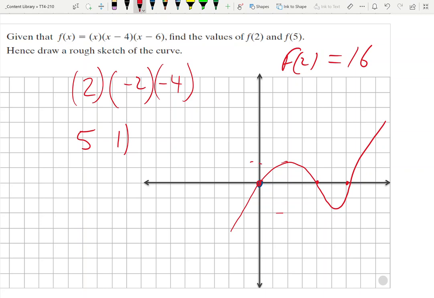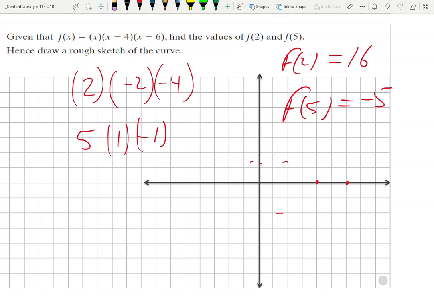And you get f of 5 equals minus 5. Hence draw a sketch of it. So we had those 3 points to begin with. We had out 0 up 0, out 4 up 0, and out 6 up 0. But now we also have out 2 up 16.